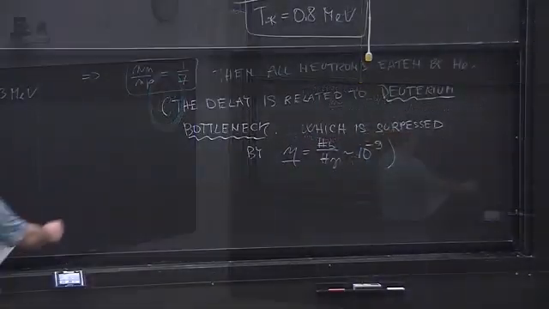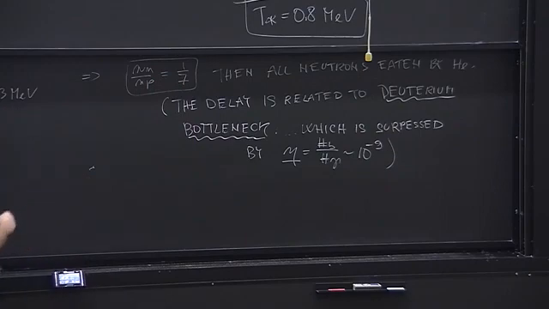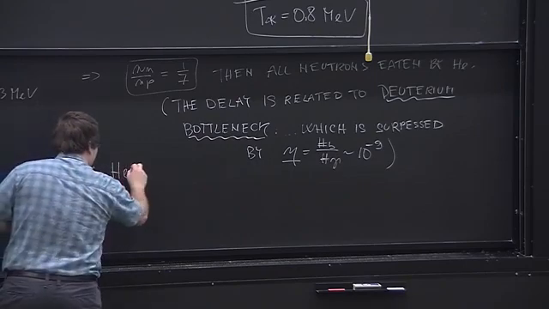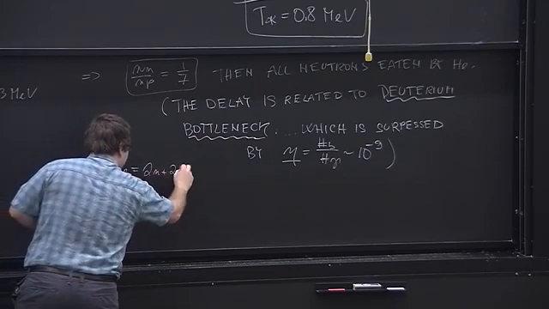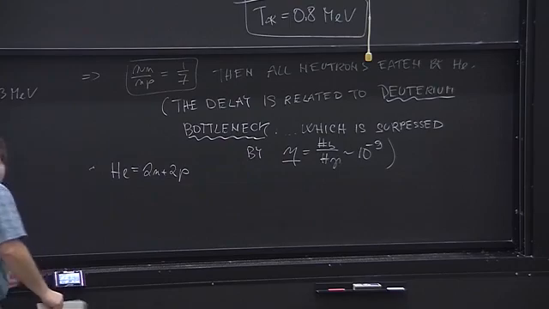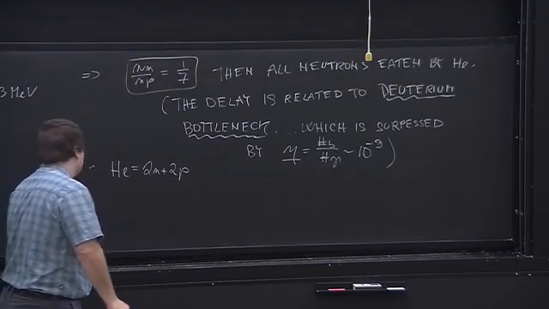Okay, so we have number of neutrons divided by number of protons, approximately 1/7. So now helium, of course, is 2 neutrons plus 2 protons.